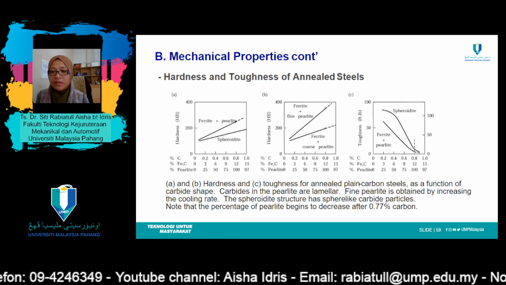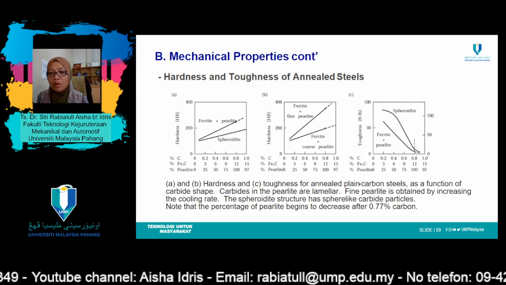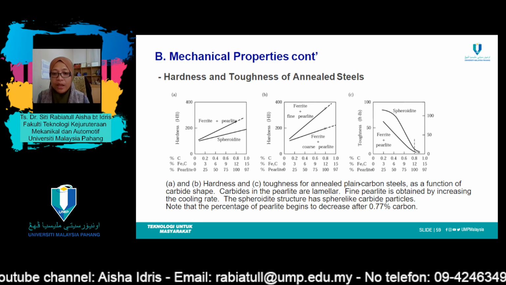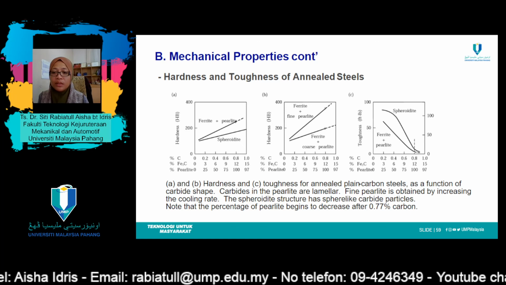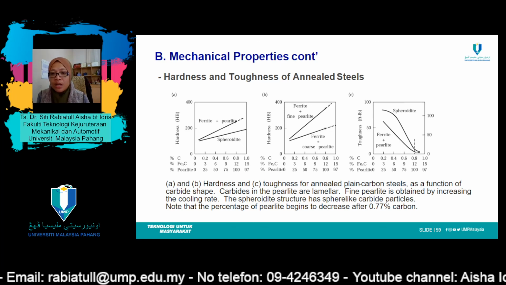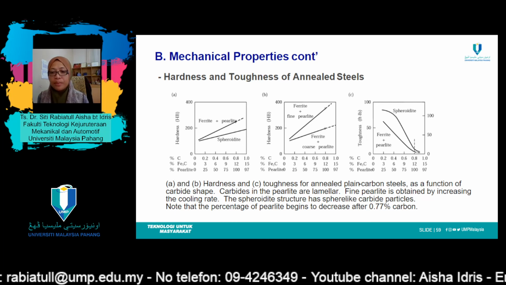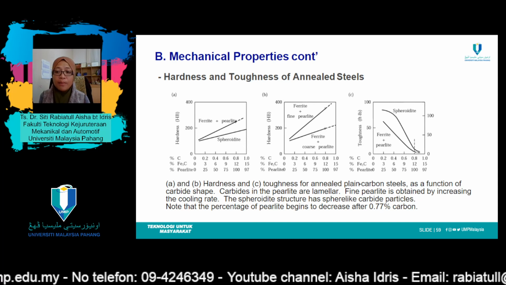And this graph over here shows the hardness and toughness of annealed steel. Figures A and B show hardness, and C toughness, for annealed plain carbon steel as a function of carbide shape. Carbides in the pearlites are lamellar in shape.